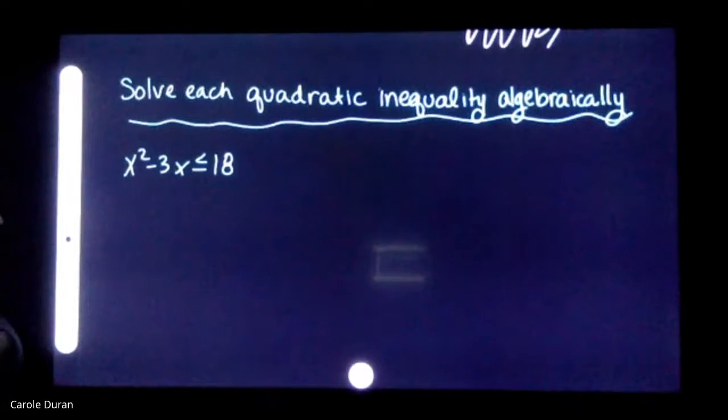So the first example I'm going to start with is x squared minus 3x is less than or equal to 18.